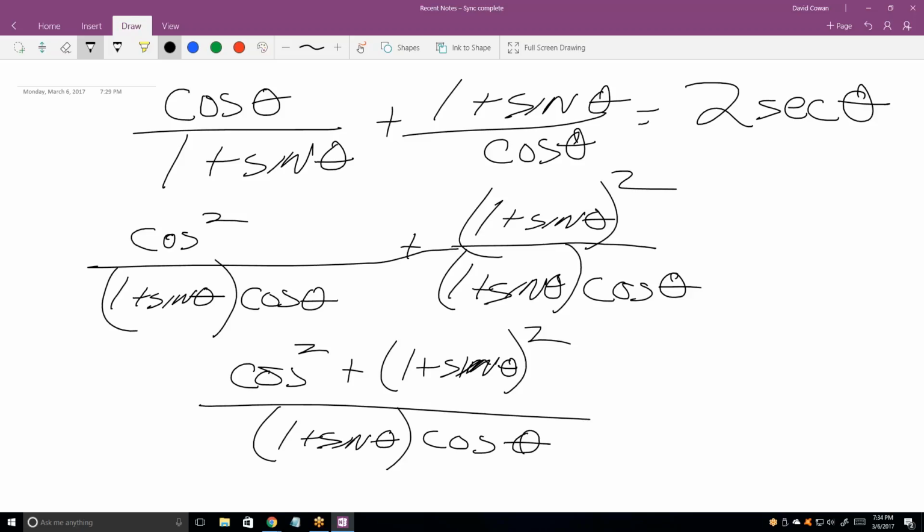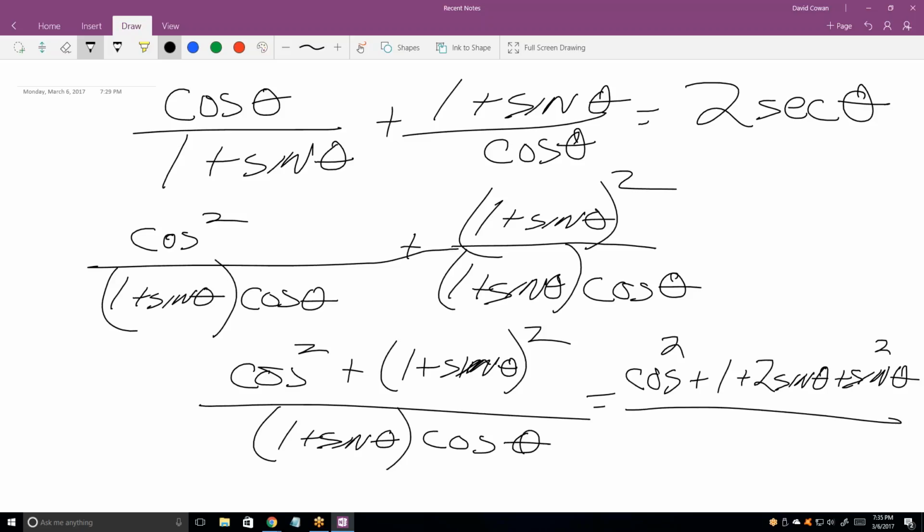Oh, right. Okay. What I can do is expand the top. How does the top expand? What's 1 plus sine theta quantity squared? 1 plus 2 sine plus sine squared. Okay, still all over this.